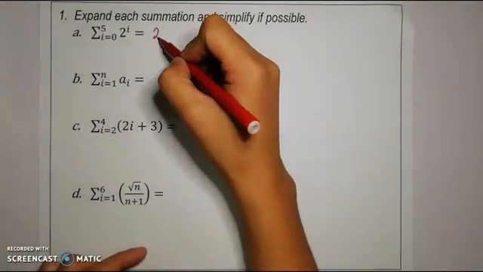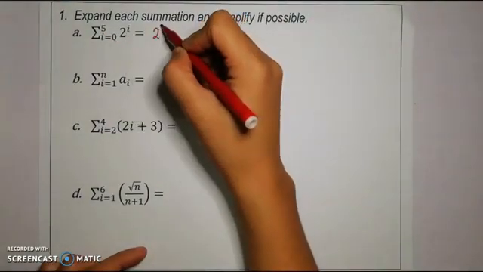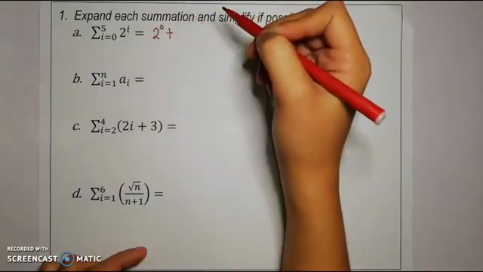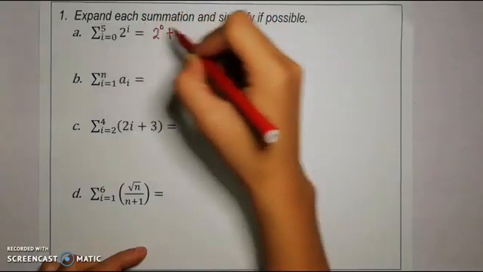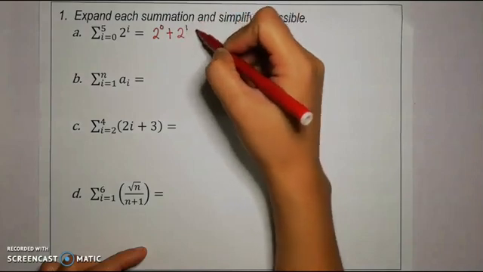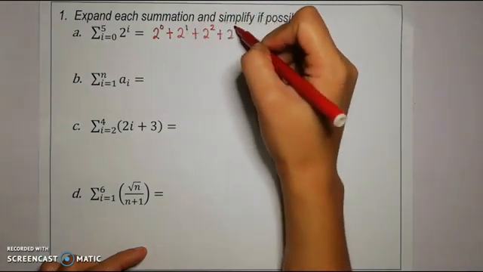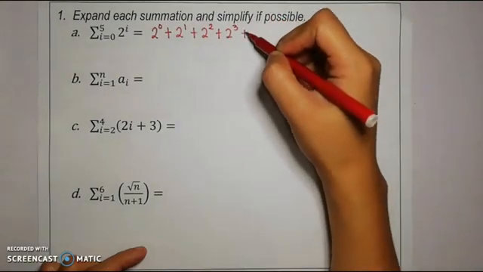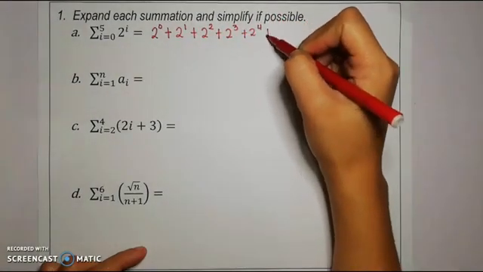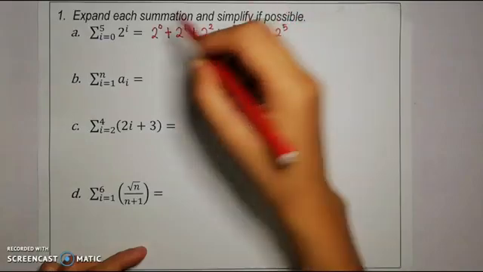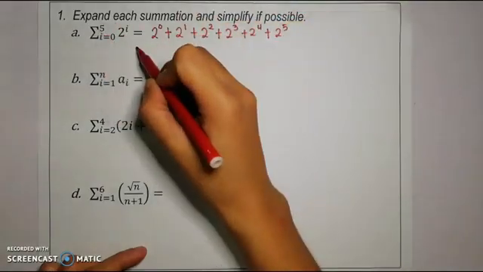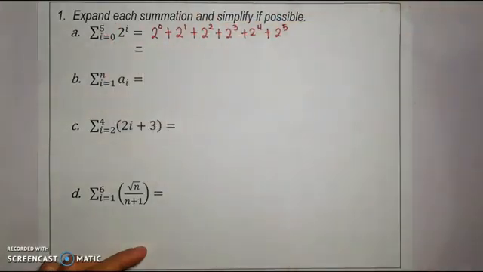To expand, we'll start from 2 raised to 0 plus, we will add by 1 until we reach 5, plus 2 raised to 1, plus 2 squared, plus 2 cubed, plus 2 raised to 4, plus 2 raised to 5. We will stop right there, and then let's evaluate.